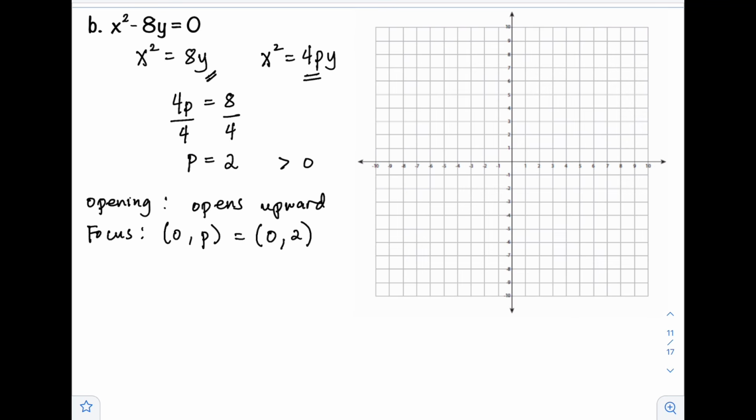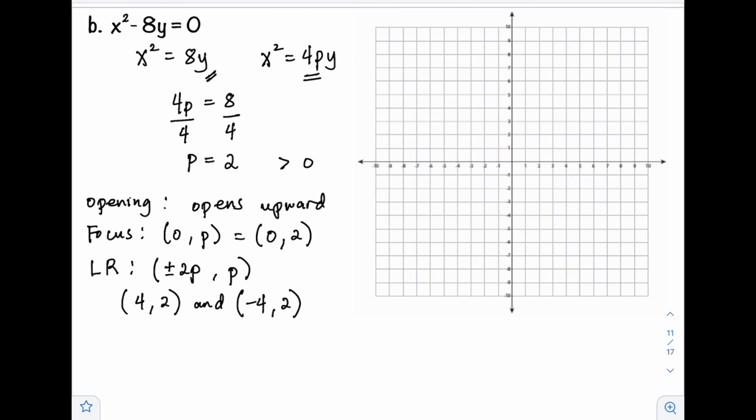Okay, so next is the latus rectum or LR na lang. So ang latus rectum natin is makikita kay (positive negative 2p, p). So ang p natin is 2, so substitute lang natin yan. So we have 2 times p, which is 2 times 2, that is 4, comma p, which is 2, and negative 2 times 2, we have negative 4, then p, 2.